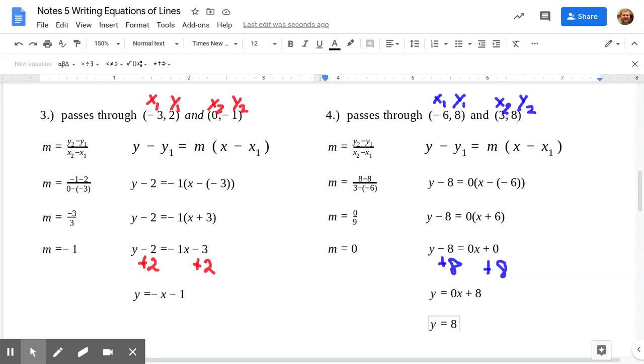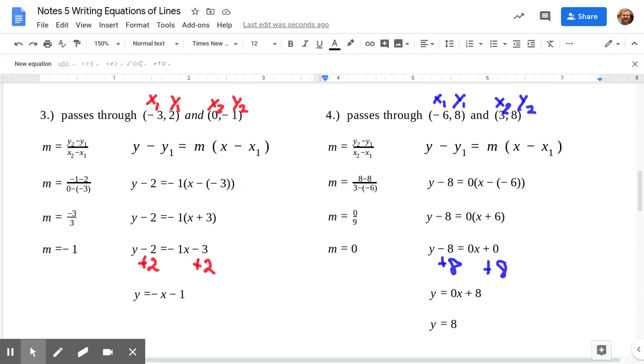So actually, we could have saved ourselves some work on this one too. If you remember that horizontal lines have a slope of 0, we could have recognized that from the beginning. As soon as we knew the slope was 0, we could have realized this is going to be a horizontal line, and horizontal lines are written as y equals a number. And to know what y is going to equal, we could have looked at our points and seen that both points given had a y value of 8.